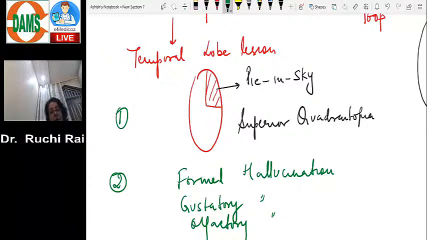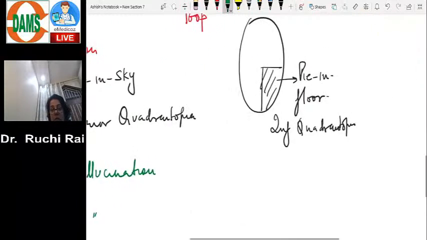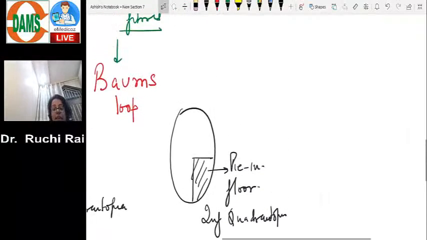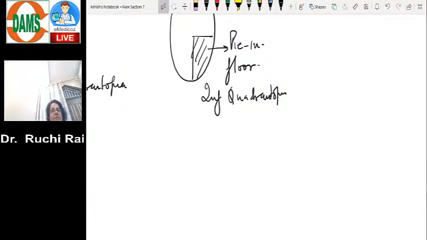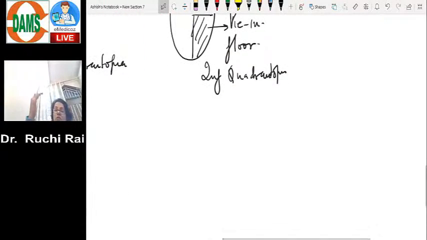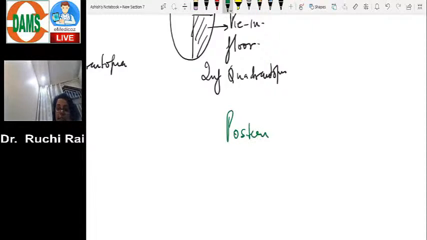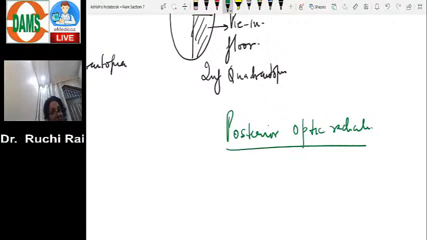Right? Now we talk about parietal lobe. Is there any additional thing? Not in pie in floor. Apart from pie in floor, when there is a lesion in the posterior parietal lobe, posteriorly in the optic radiation, that means posterior part optic radiation lesions, this we already know is homonymous hemianopia.